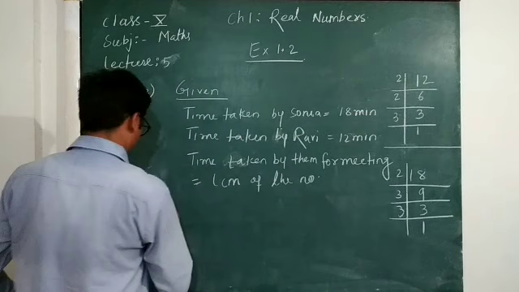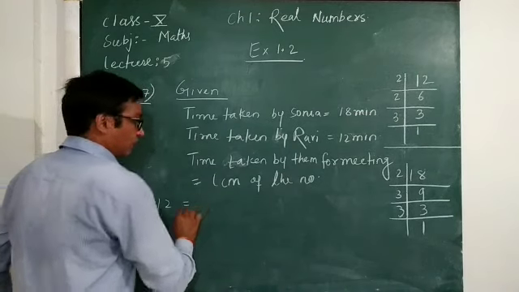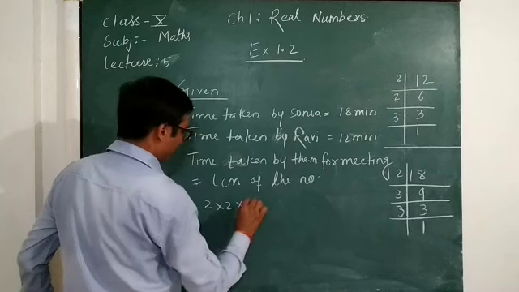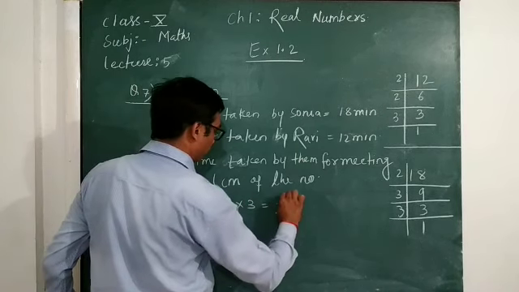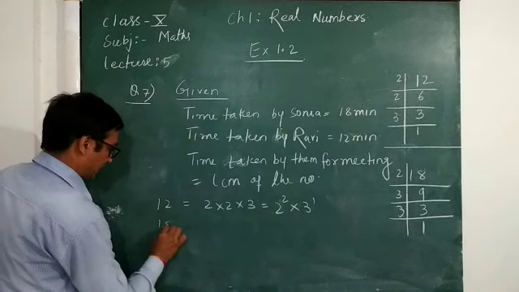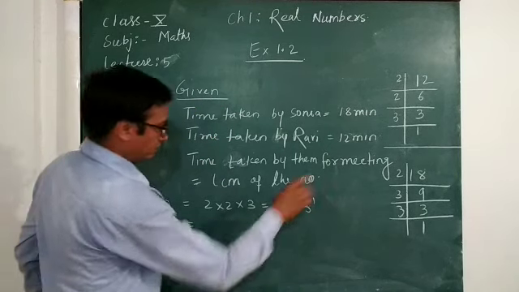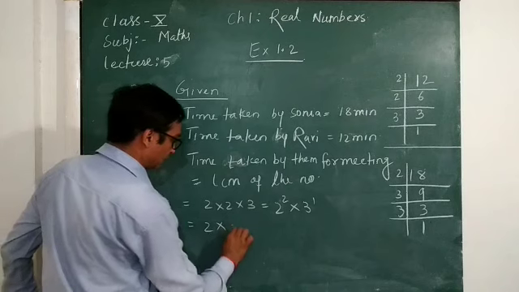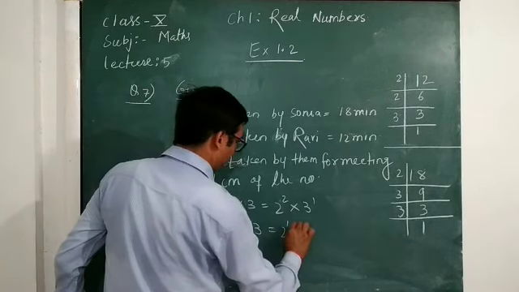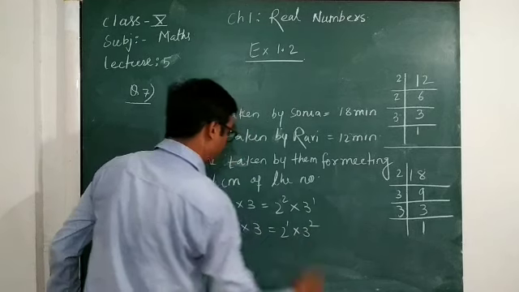Now 12 is equal to 2 into 2 into 3, which can also be written as 2 raised to power 2 into 3 raised to power 1. And 18 can be written as 2 into 3 into 3, which is 2 raised to power 1 into 3 raised to power 2.